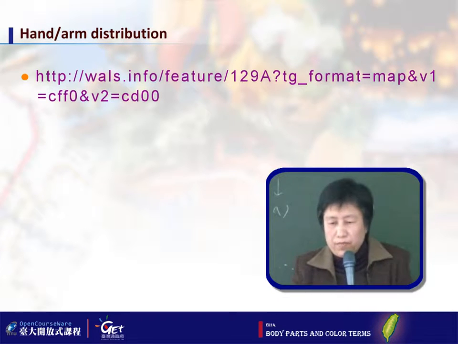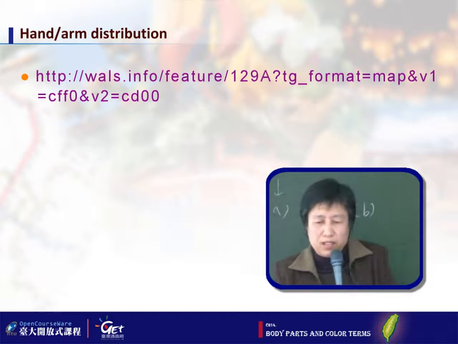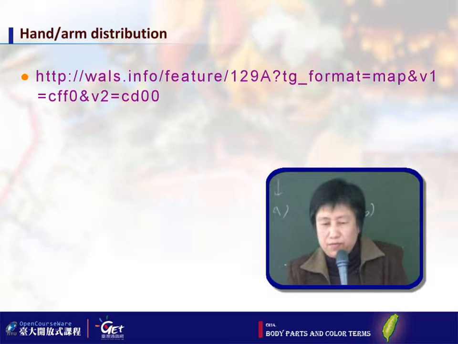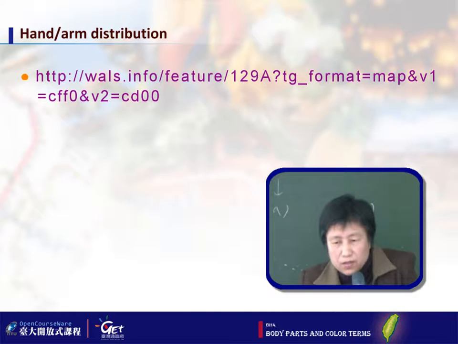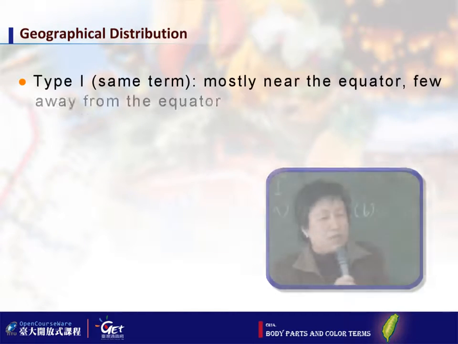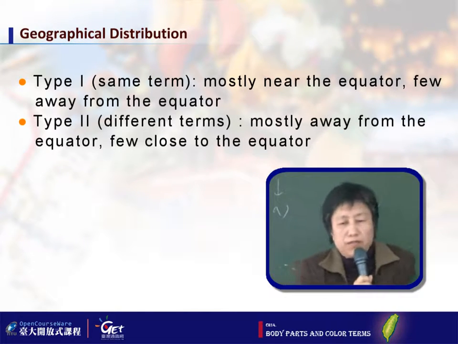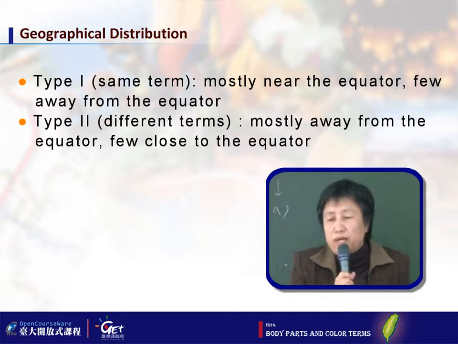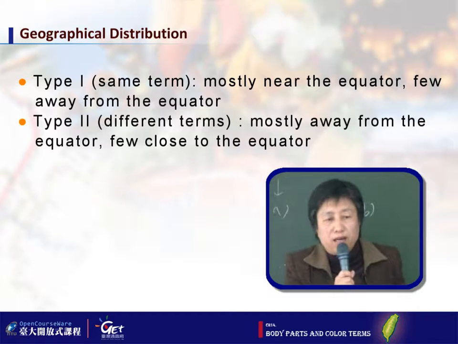You can see languages showing the same pattern are sort of concentrated in the equator areas. So from that visual, geographical distribution, we see that type 1, the same term, is mostly near the equator, few away from the equator.